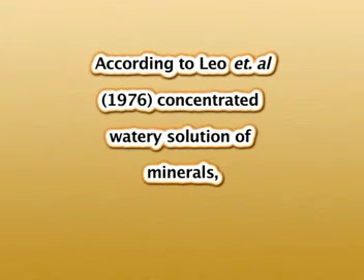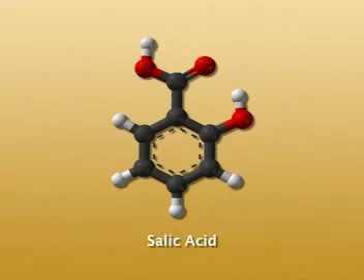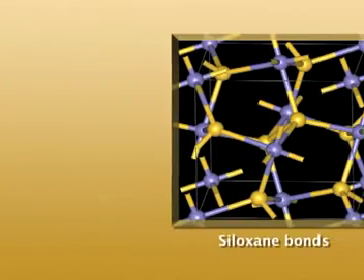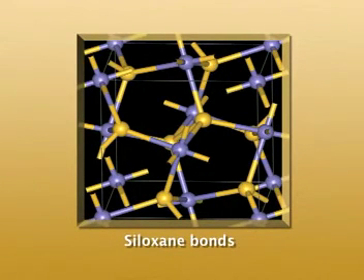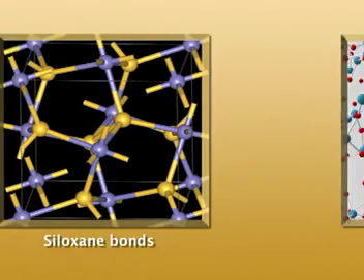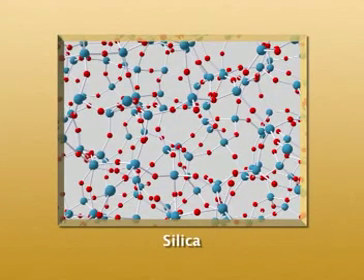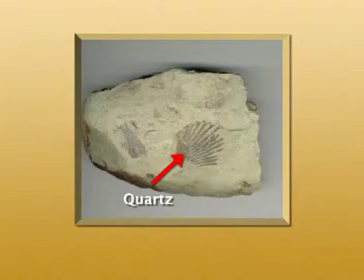According to Leo et al., concentrated watery solution of minerals like silicic acid infiltrates the tissues, which is followed by intracellular or intercellular polymerization of siloxane bonds and elimination of water. With the continuous growth of the polymer, the amorphous silica gets deposited from the solution and the water moves out of the plant tissue. Ultimately, this silica gets converted into quartz and the fossil gets petrified.